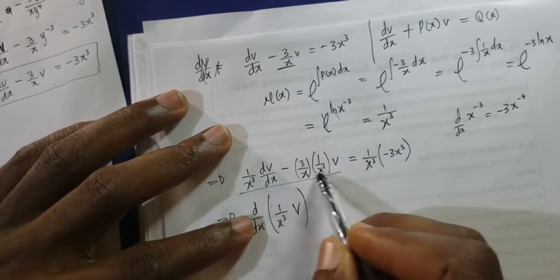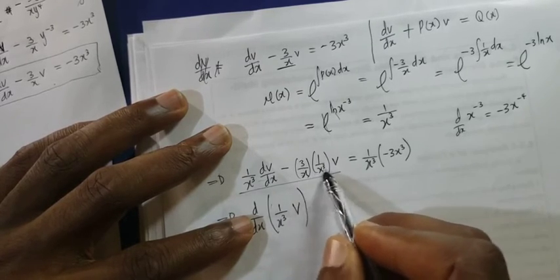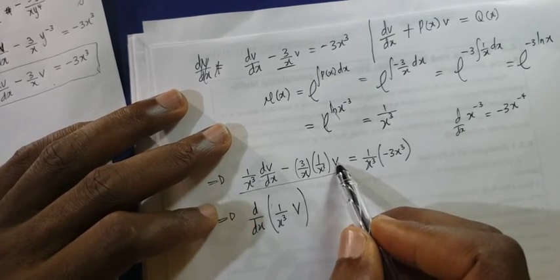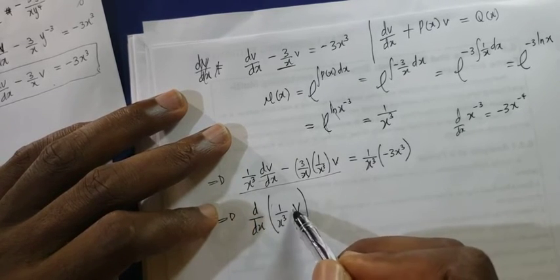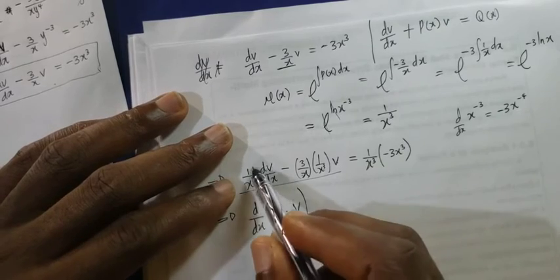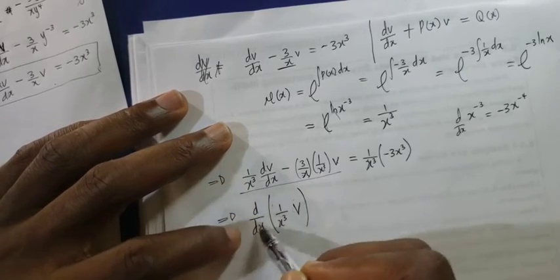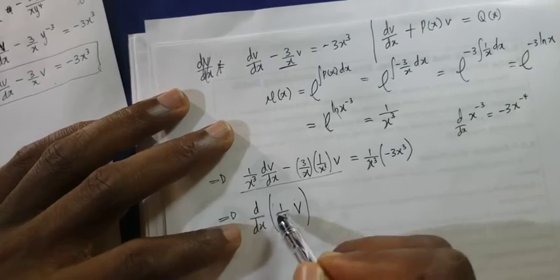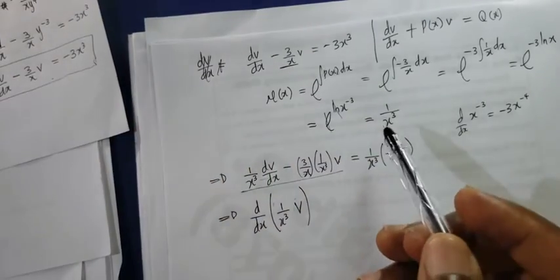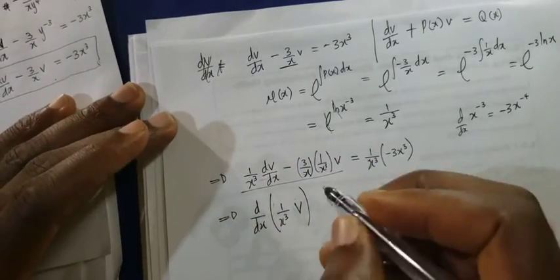That's minus 3 over x to the power 4. Then multiply by v, and then to get the other one, you differentiate v while keeping this constant. That's 1 over x cubed times dv/dx. So it will always be amenable to this form whenever you are dealing with these linear equations. That's what makes it special.